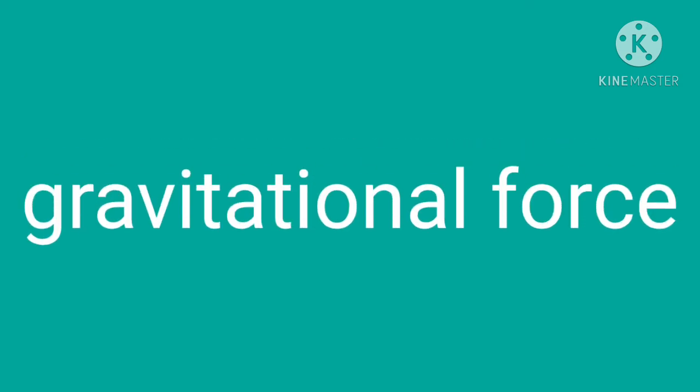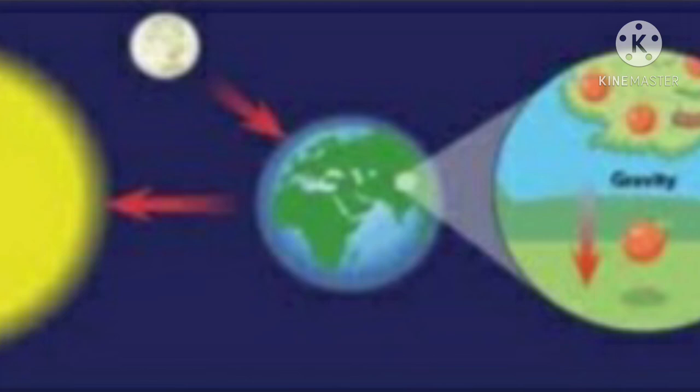Sir Isaac Newton said that every object in this universe pulls every other object with a certain force. The pull exerted by objects possessing mass is called gravitational force. The gravitational force between two objects is a force of attraction, and it acts even if the two objects are not connected by any means.